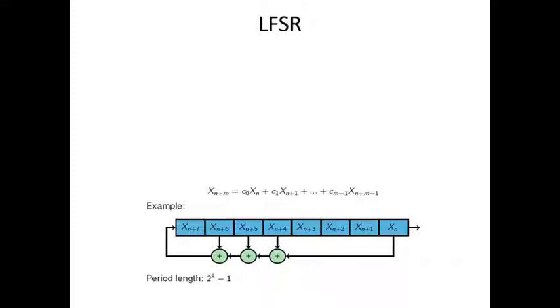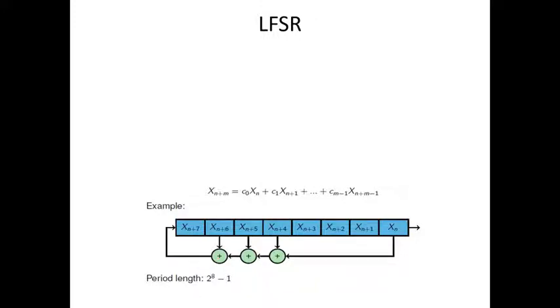In this diagram, you can clearly see how an LFSR looks. As I told you, what is shown in blue here is the shift register. We are starting with bits xn, x(n+1), x(n+2), and so on till x(n+7). I am using xn, x(n+4) and x(n+5) as inputs, and I am using 3 modulo 2 adders.